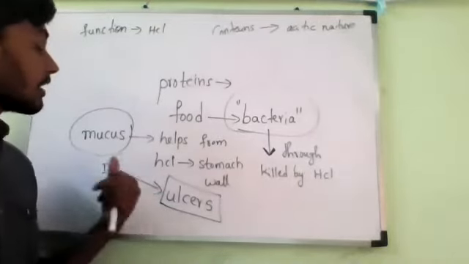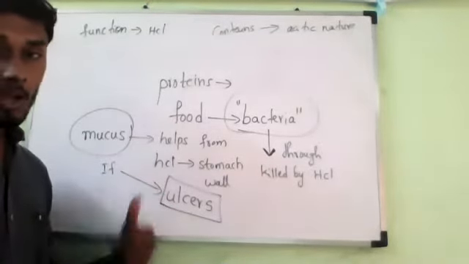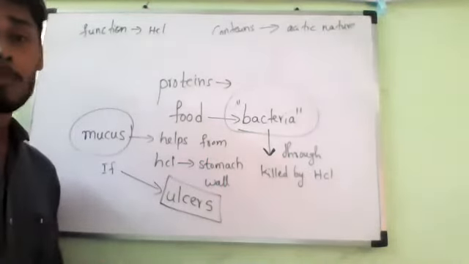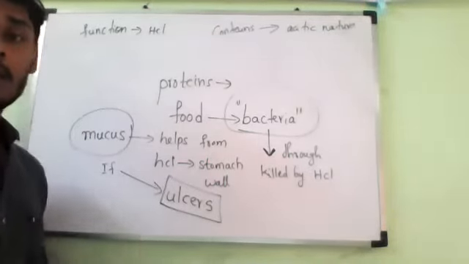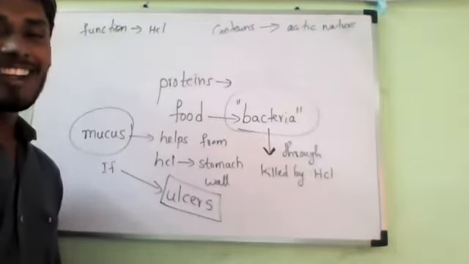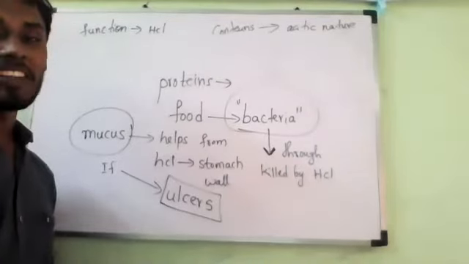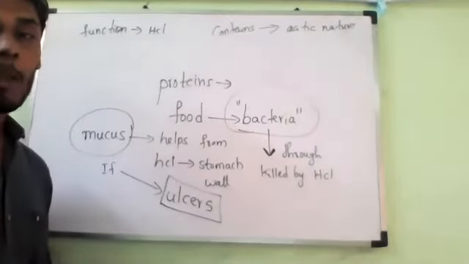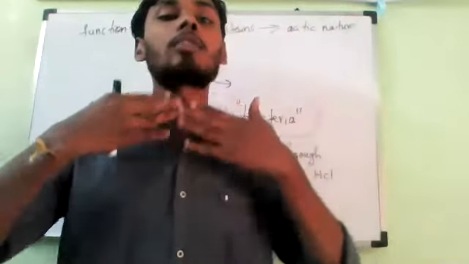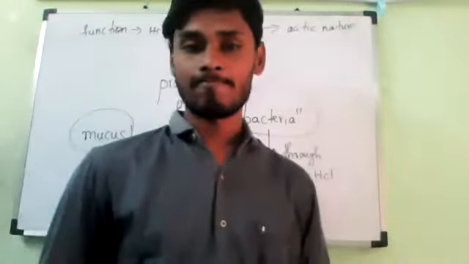Understand? So this is the use of mucus. So now here, the partially digested food. Till now the process of digestion has not begun; we are only studying gastric juices. Now if you observe, the partially digested food then goes from the stomach into the small intestine.